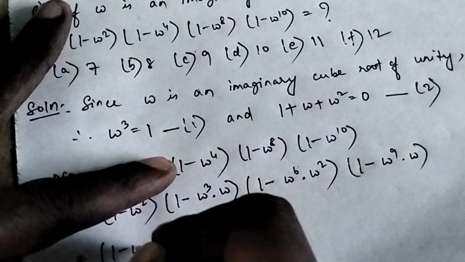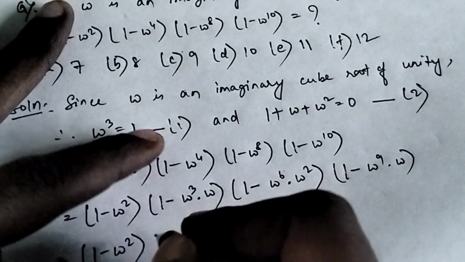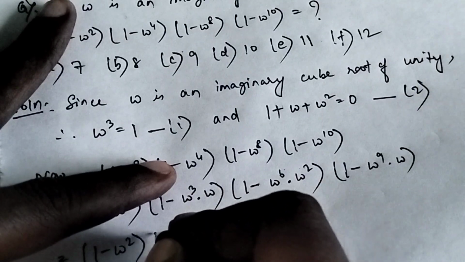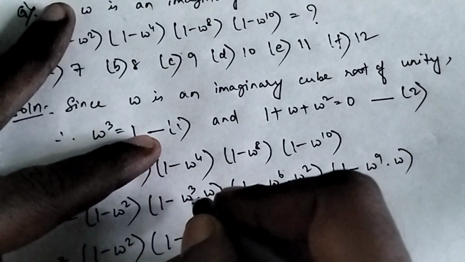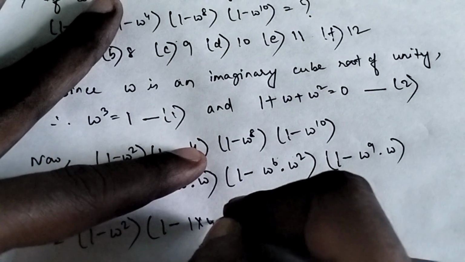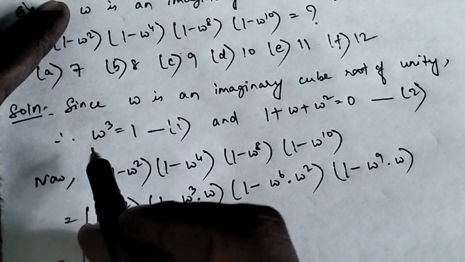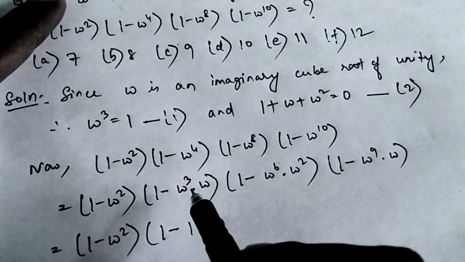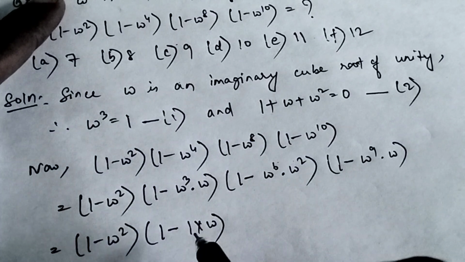So now, 1 minus omega square. Then 1 minus omega cube is equal to 1, so 1 into omega. We know omega cube is equal to 1, so in place of omega cube I have put 1.